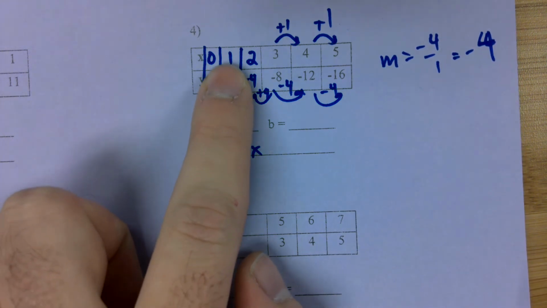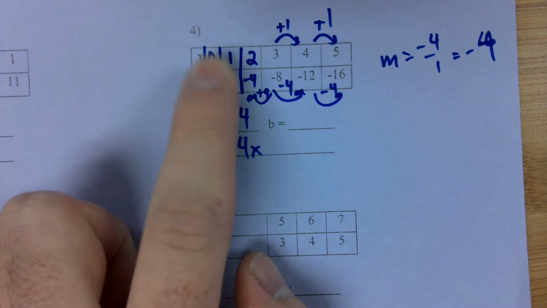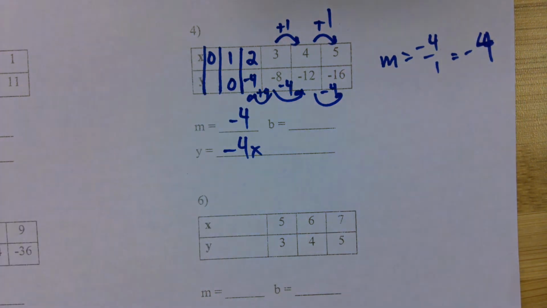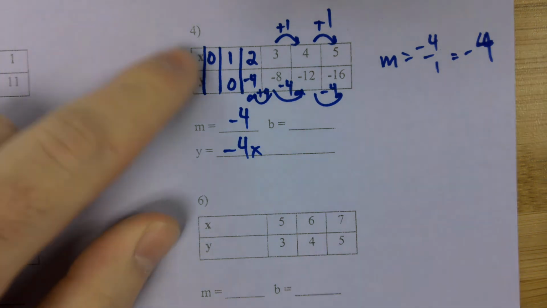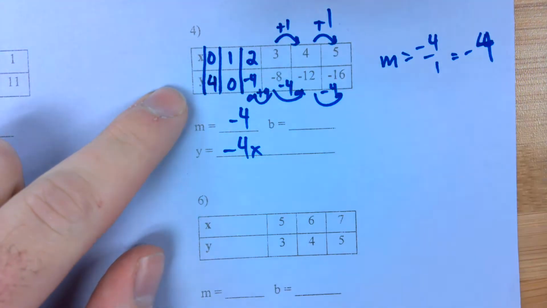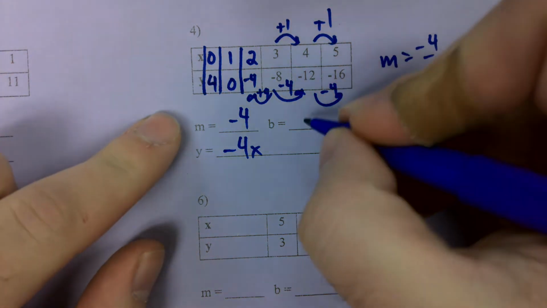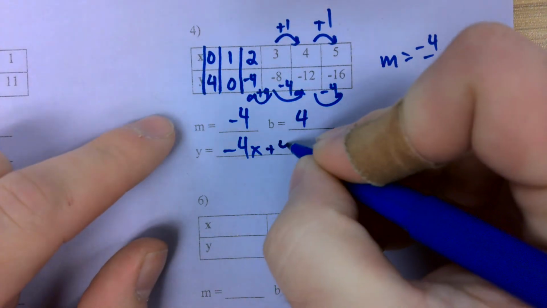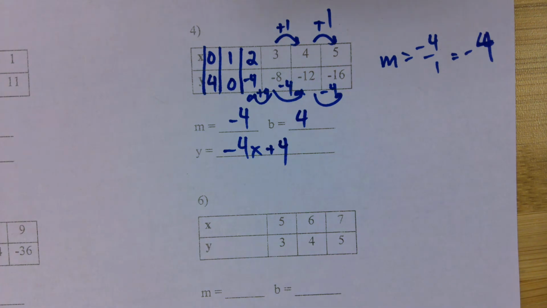We're looking for a 0 x value on the top of our table. If we see a 0 on the bottom, that's fine, but it's not going to be our y-intercept. We add 4 once again, and we get 0, 4. So our b value is just positive 4. And our equation looks like that.